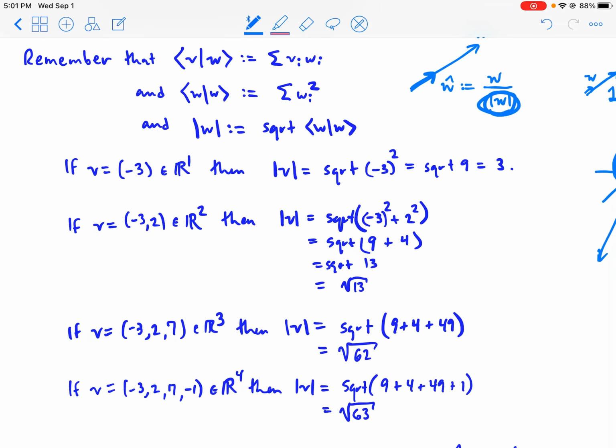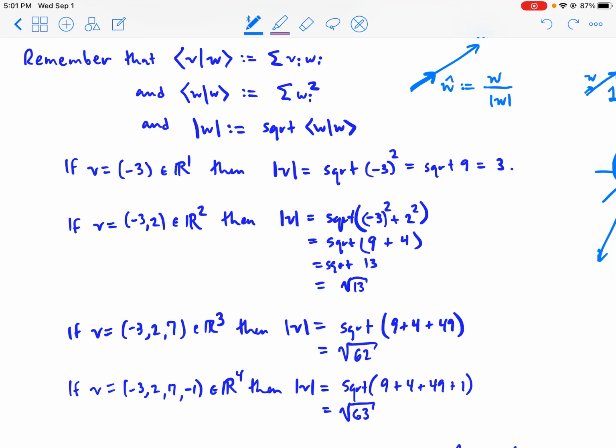Right now all I'm doing is calculating this denominator that I'll need later. And so here the square root of the sum of squares of 3 numbers, 9, 4, 49, plus 1 gives me the square root of 63.